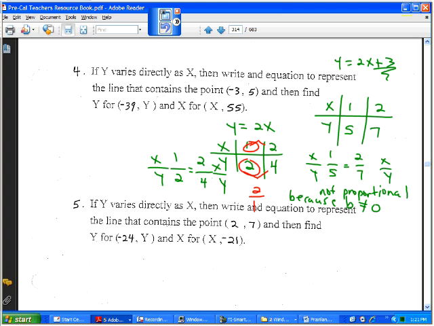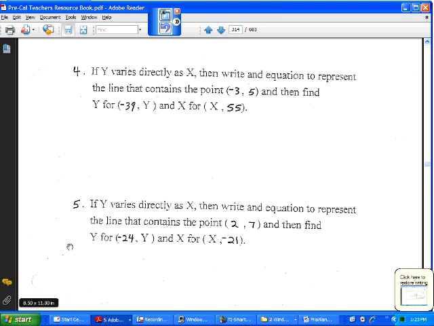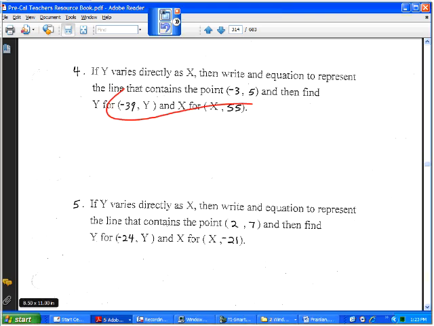Now, let's look at this. If I wanted to answer this question then, how could I do it? I could say the x over y of the first one is equal to the x over y of the second one. I could set up a proportion with direct variation problems. And I could cross multiply, and I would get negative 3y is equal to negative 195.